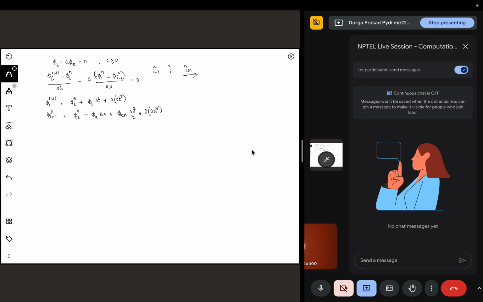We substitute them back, so this will be phi_t, dividing by delta t. So this will be order of delta t. And we have phi_i^n minus phi_{i-1}^n. This will give me a phi_x delta x.